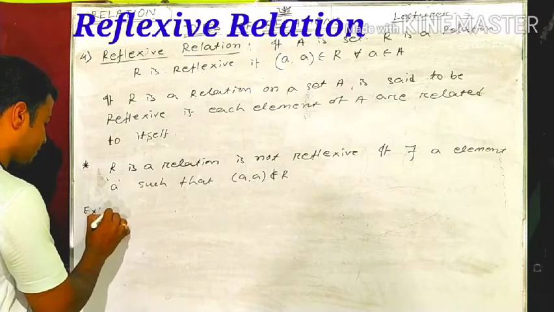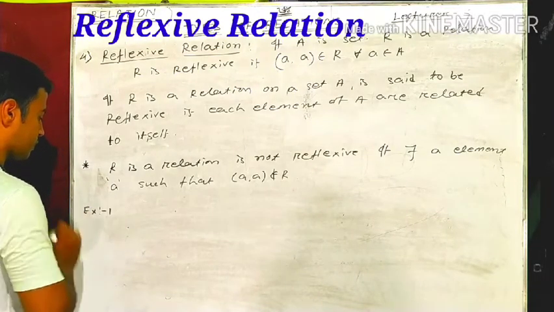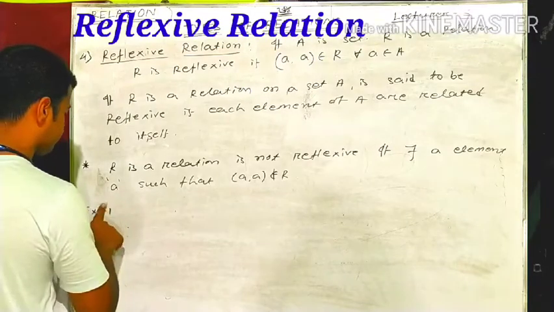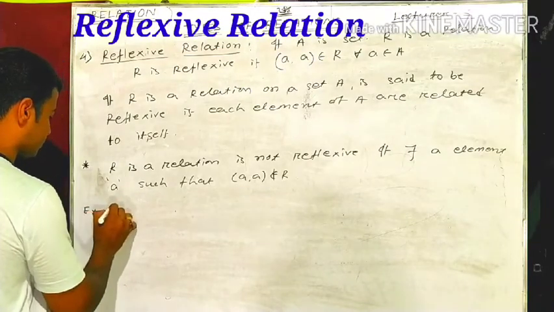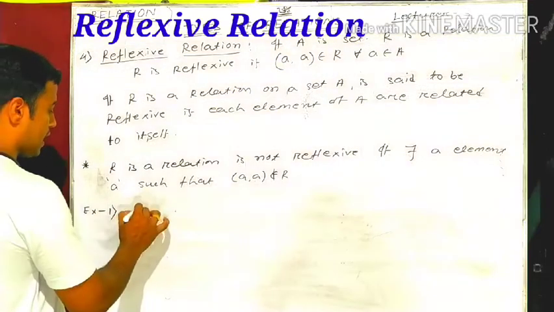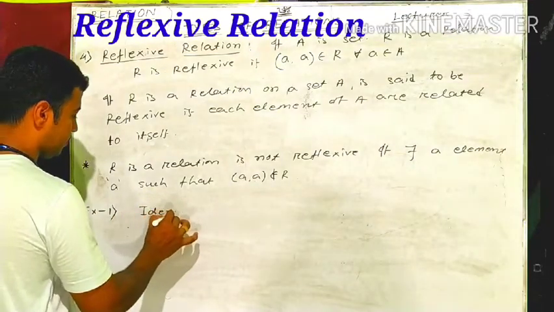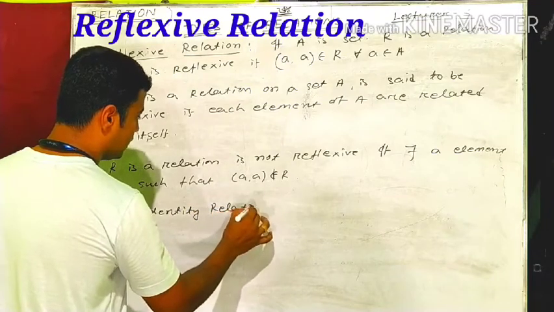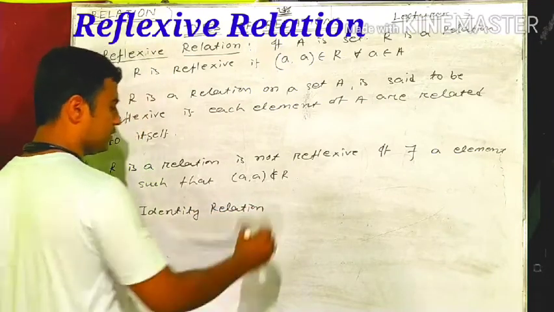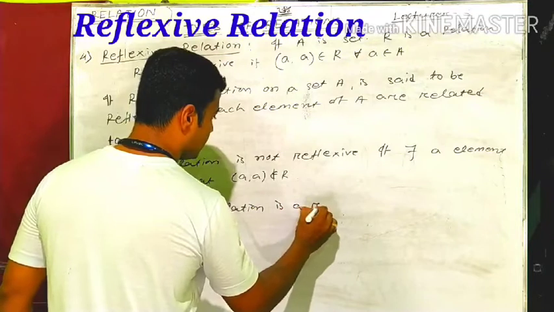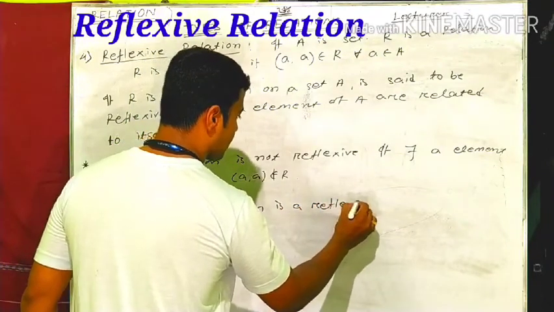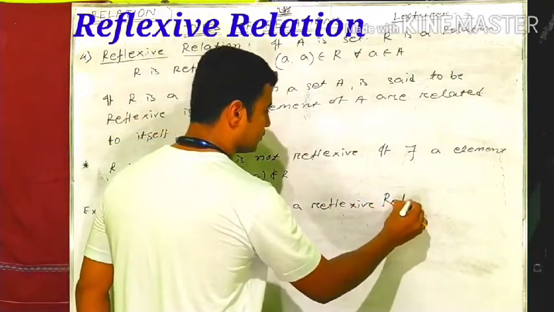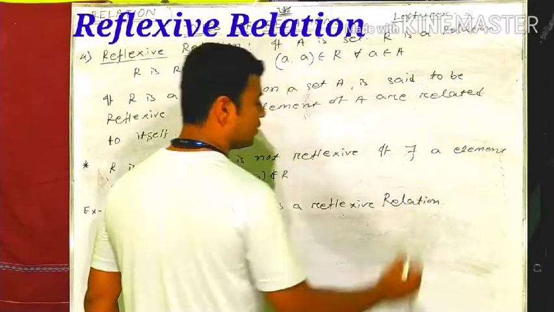Example 1: the identity relation is a reflexive relation.